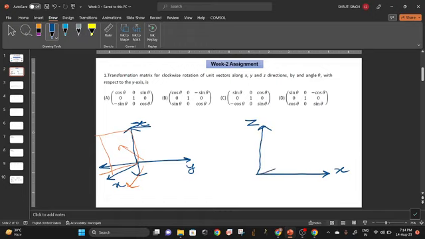If I take one position vector here before transformation, let its coordinate be x1, z1, and the other one after theta degree rotation be here, with coordinate x2, z2.